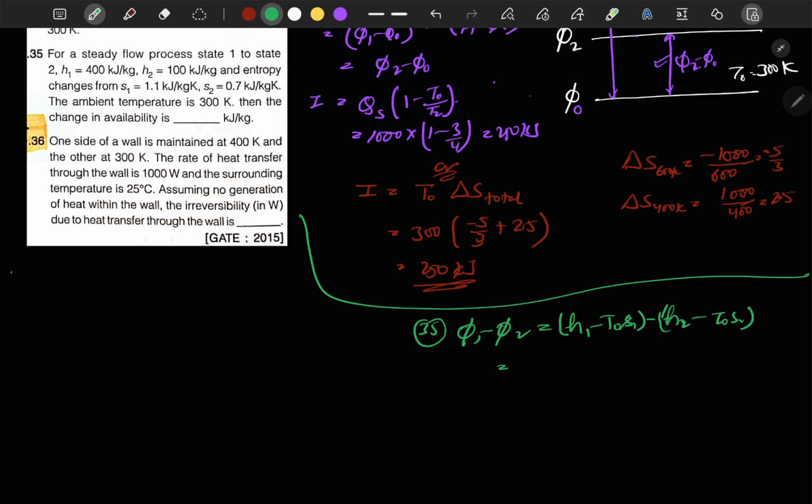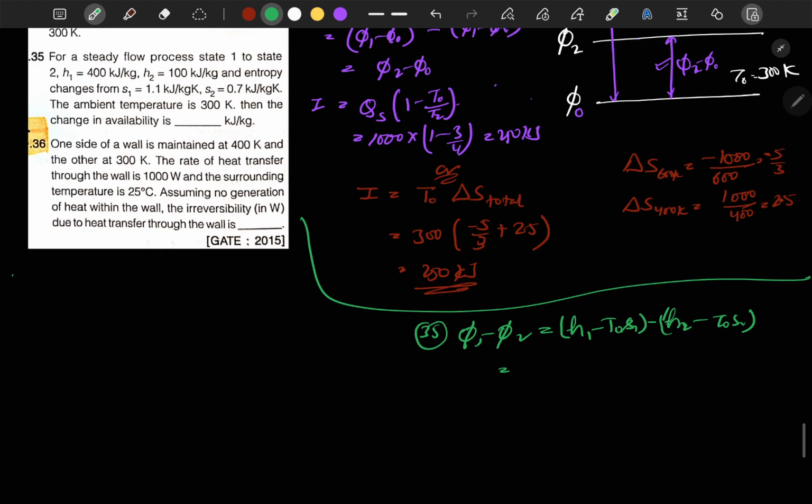Now if we substitute all the values, h1 is given as 400 minus h2 given as 100, so we get 300, minus T naught value given as 300 into s1 minus s2, which is given as 0.4. So we get the answer to be 300 minus 120, equal to 180 kilojoule per kg.